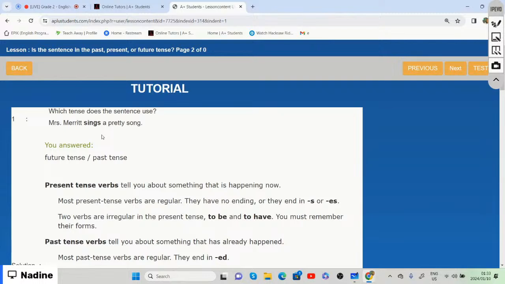So the word sings, does that show that it is happening now in the present? Does it show that it happened already, which is in the past? Or does it show that it's going to happen, which is in the future? Sings.